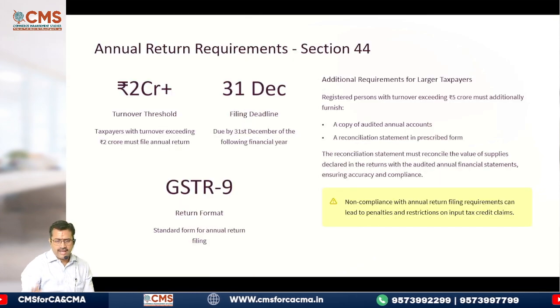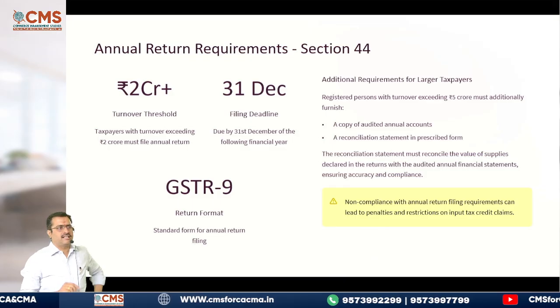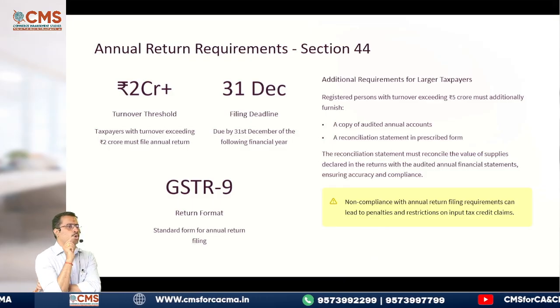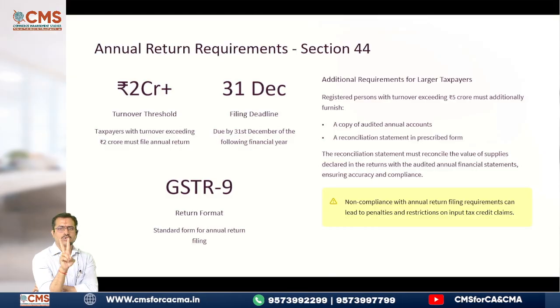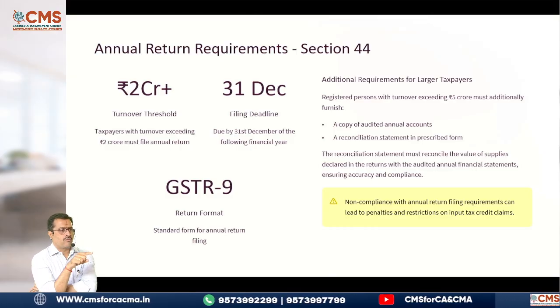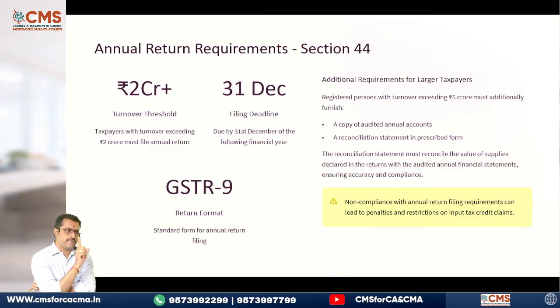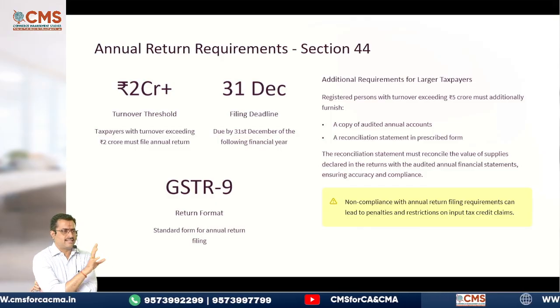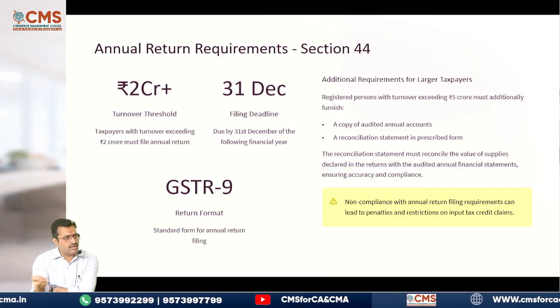Then comes your 44, where there is an amendment. What is that amendment? I was telling you, the 2 crore limit. Those whose turnover exceeds 2 crore only, you have to file GSTR 9. But earlier, what was the condition? If in one of the preceding years it exceeded 2 crore, you had to file for all the years continuously.